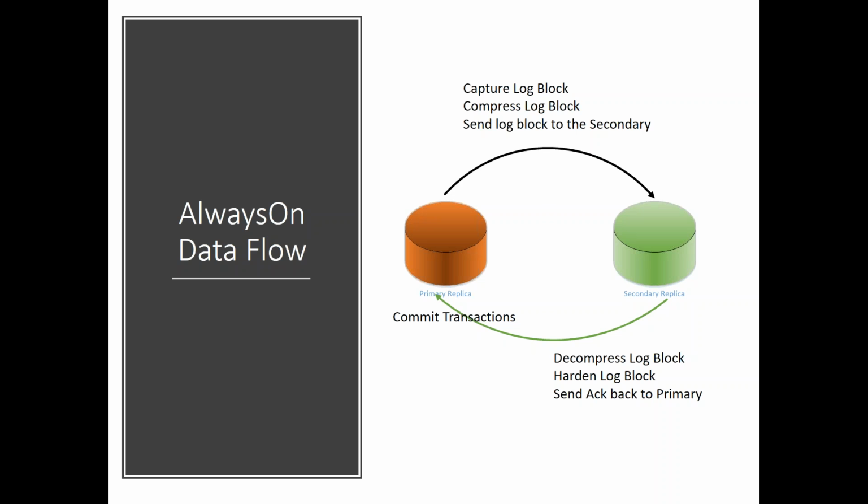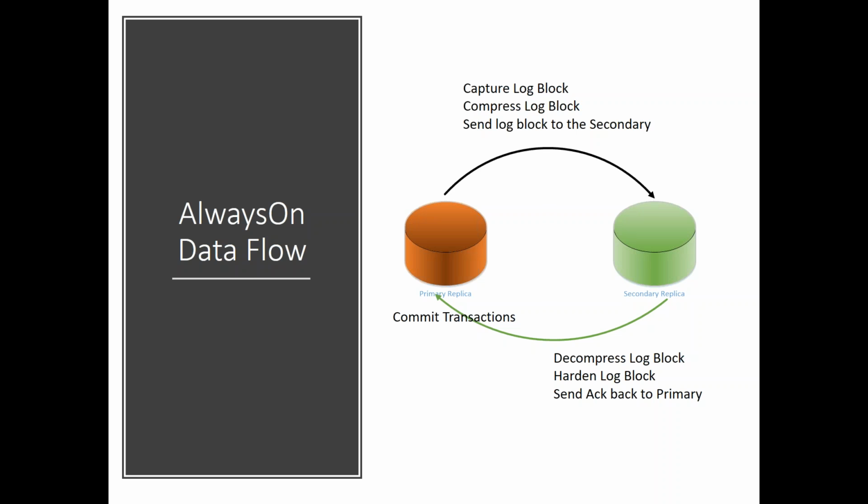Then the round trip for the acknowledgement could be delayed because of a network latency, and eventually the commit on the primary side. The commit on the primary side should not be that big a problem. It is only a problem if any of the previous sections had a latency, right?